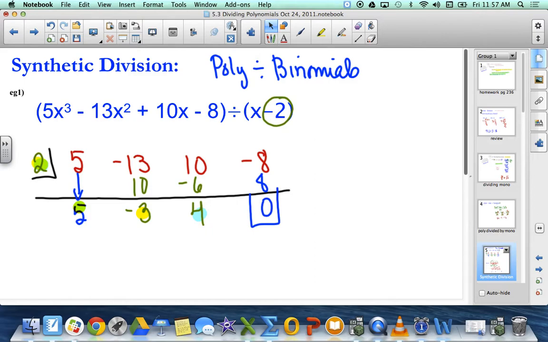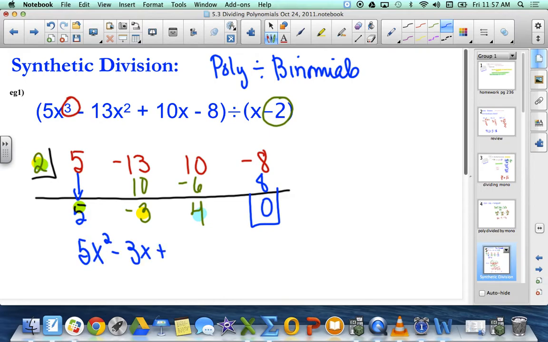So the next thing we need to look at is what the answer is. You'll notice up here that this power was 3. Your answer will start with 1 less than that number. So the answer here is 5x squared minus 3x plus 4.